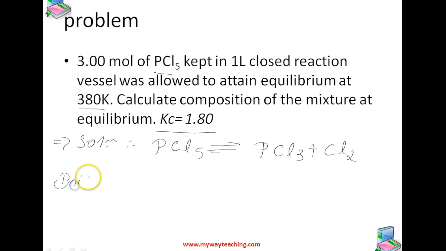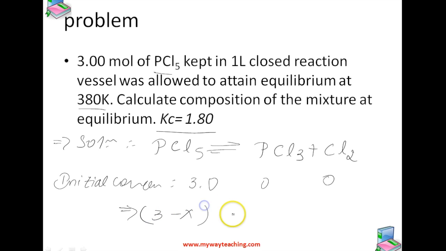Now consider this initial concentration 3.000. Let x mole per liter of PCl5 be dissociated at equilibrium. So now you can write that as 3 minus x. This is x and this is x.